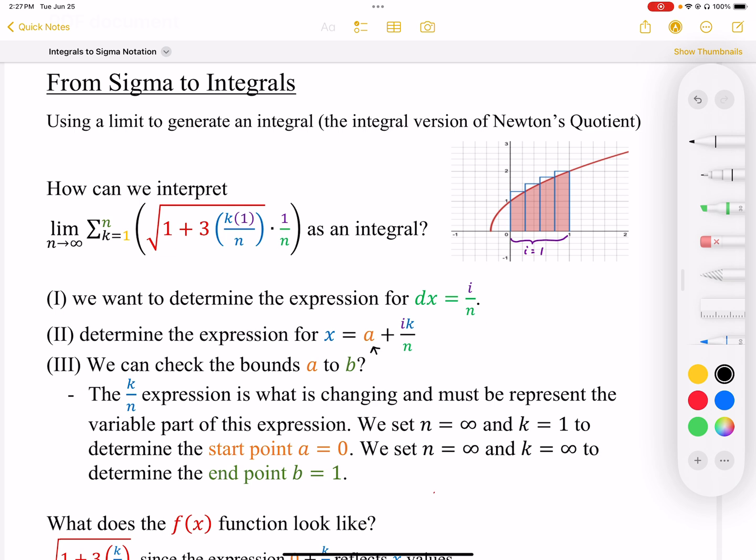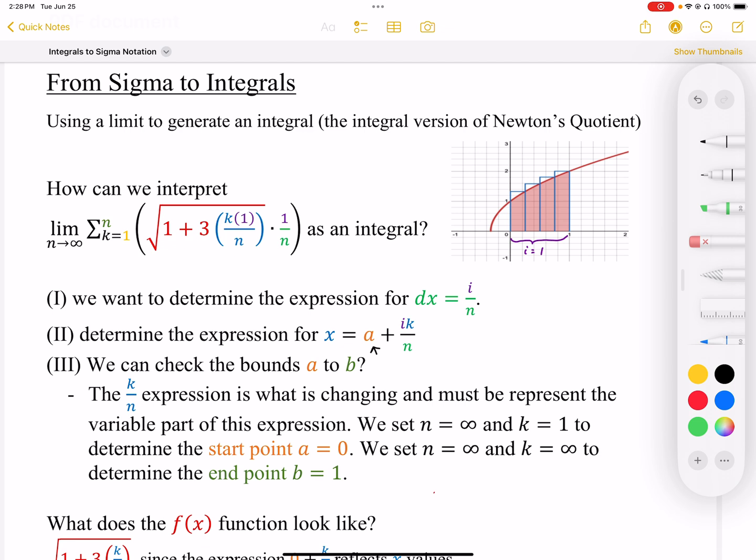Now, if we want left-hand Riemann sums, we can let our k start at 0 instead of 1, and that will give us left-hand Riemann sums. That means we're going to take the height on the left edge instead of our first height being measured at the right edge.